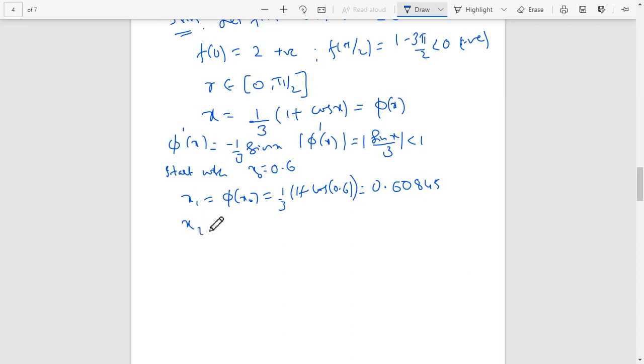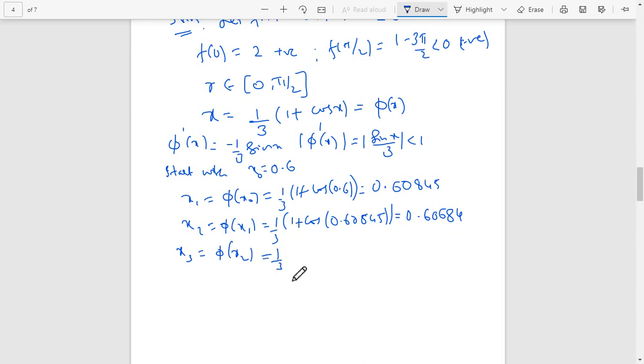So now taking x1 as 0.60845, I am going to calculate x2, that is phi of x1. That is 1 by 3 of 1 plus cos 0.60845. This gives you 0.60684. Similarly x3 is phi of x2.